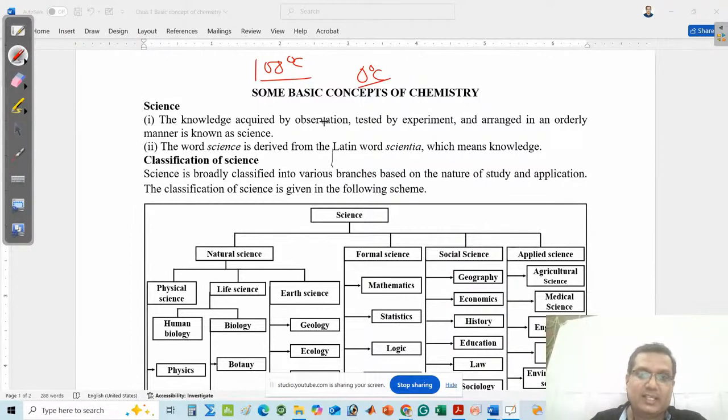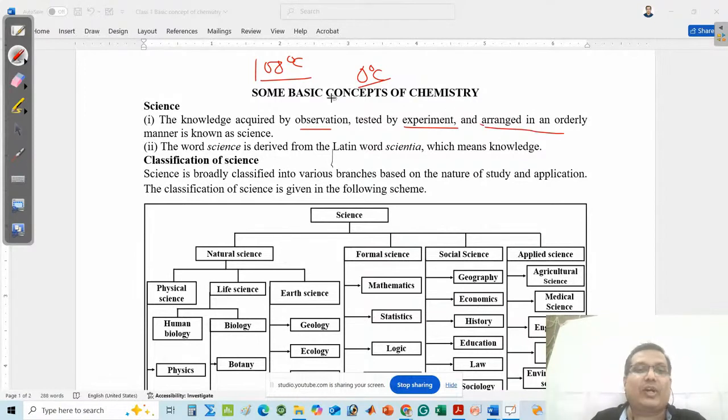Such knowledge he or she will find by doing the experiment. After doing the experiment, he or she will observe what changes occur. After observing, he will arrange the observations in an orderly manner. That is said to be the conclusion.